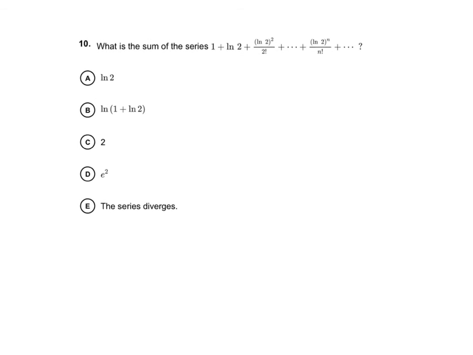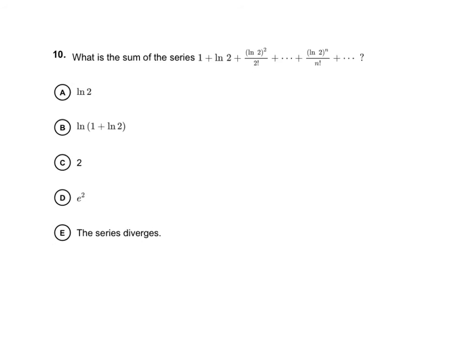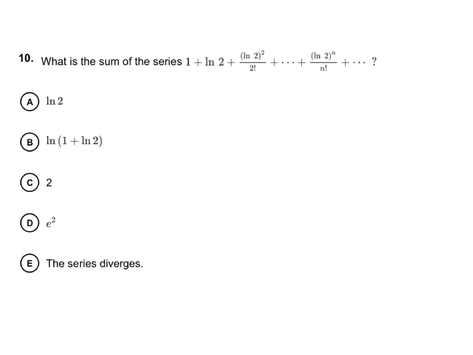Okay, so what's the sum of this series? Okay, so if you notice that this is 1 plus x plus x squared over 2 factorial plus x to the n over n factorial.